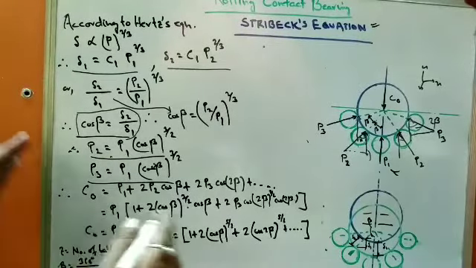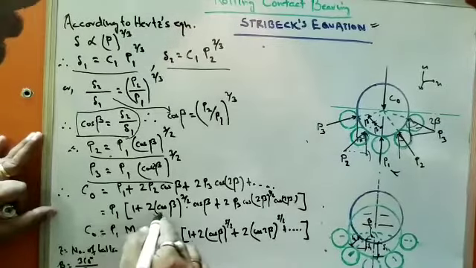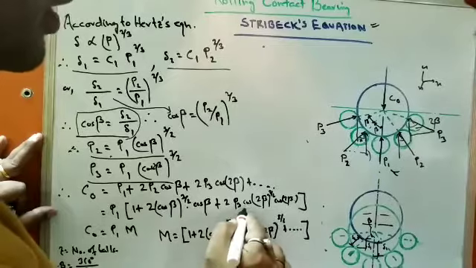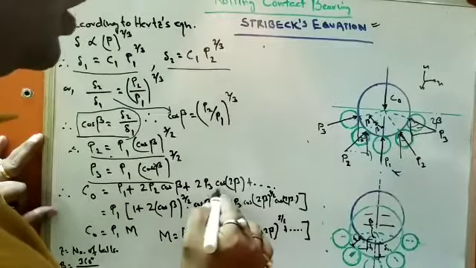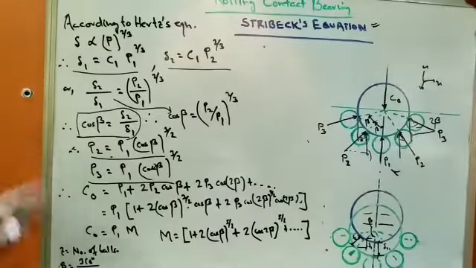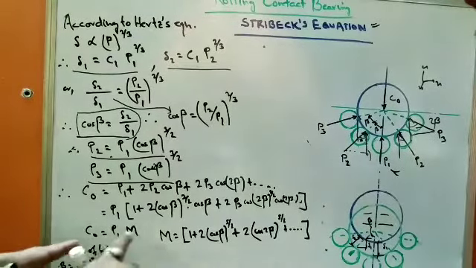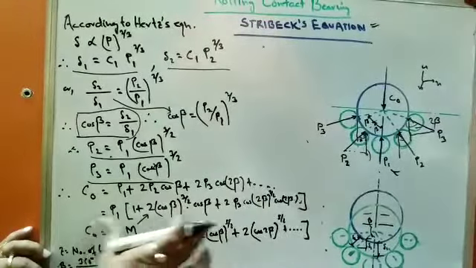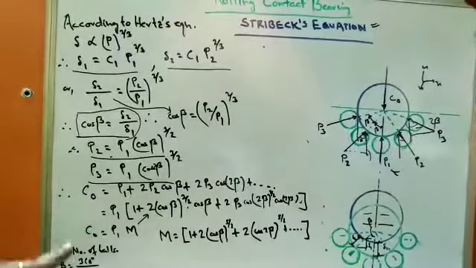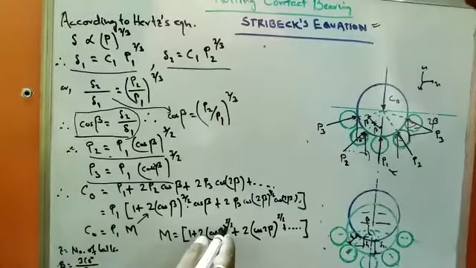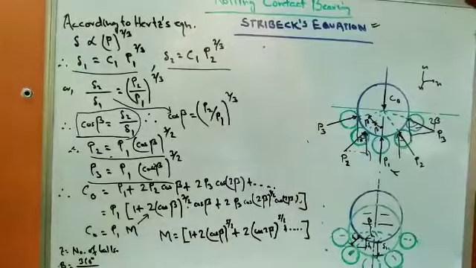So we take P1 common and get P1 into 1 plus twice cos beta times 3 by 2 into cos beta, plus twice P3 cos 2 beta, 3 by 2 into cos 2 beta, plus so on. Ultimately, we take this constant part as m, so C0 equals P1 into m, where m equals 1 plus twice cos beta 5 by 2, because 3 by 2 plus 1 is 5 by 2, plus twice cos 2 beta 5 by 2, plus onwards.